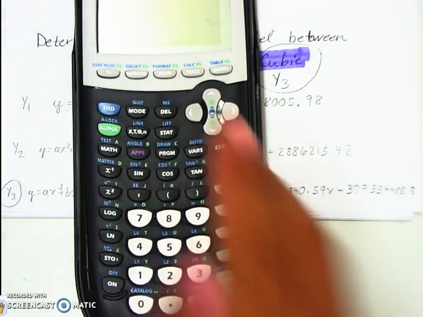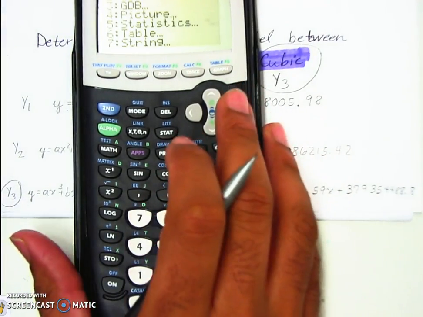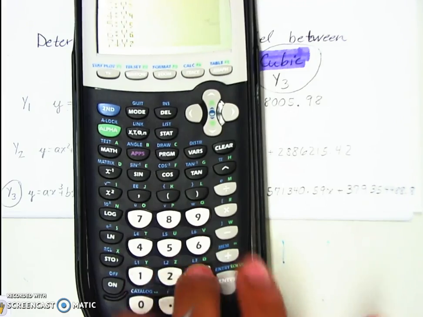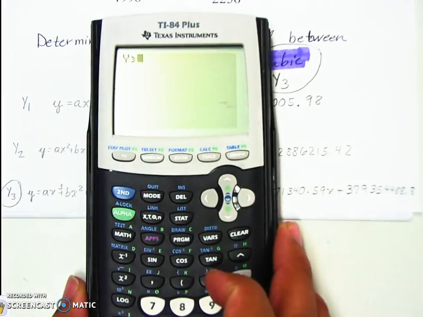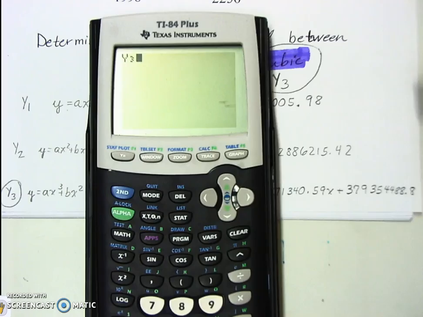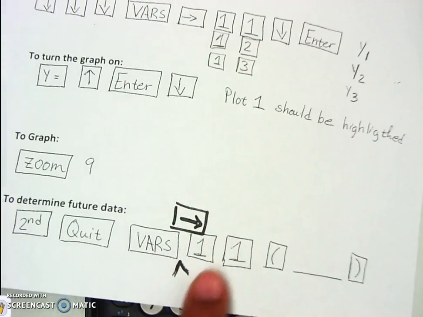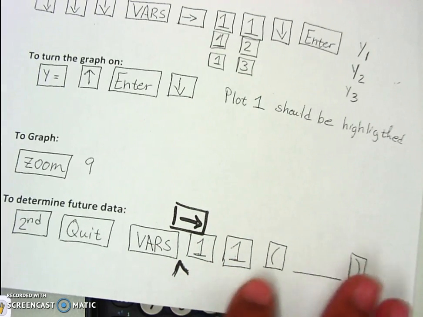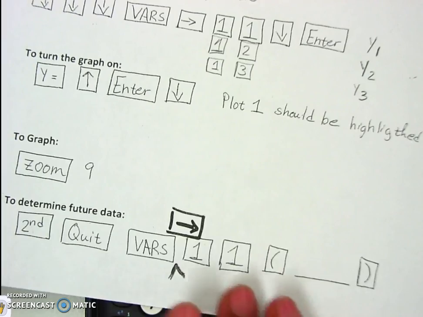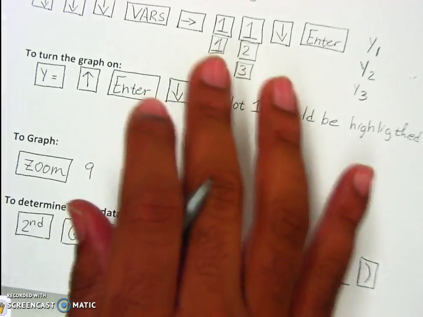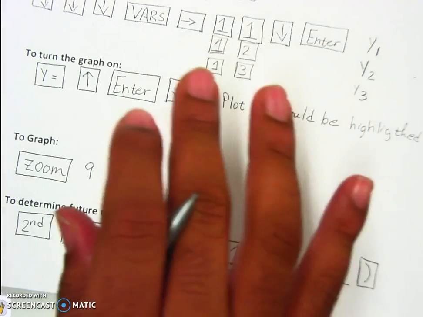So again, that's vars to the right, 1, 3. That gives us the y3. And that's that same part down here, the vars to the right, 1, 1. But again, y1 is 1, 1. Y2 is 1, 2, like you have right there. And then y3 is 1, 3, like you have right there for y3.